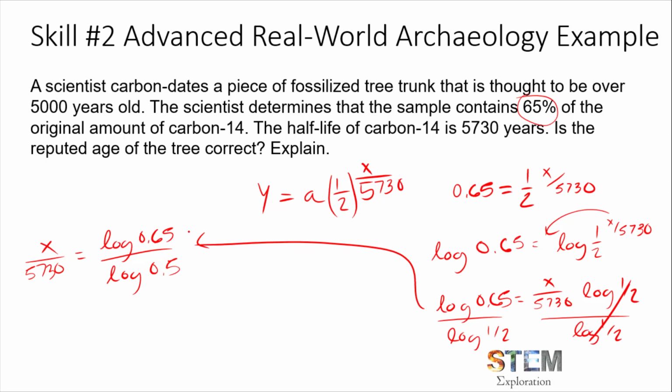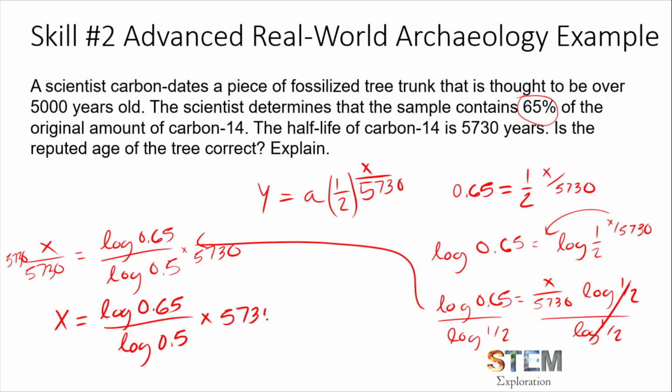And so if we multiply both sides by the half-life, 5,730, to get this all equal to x, what I'll get is that x, which is the number of years that it will be estimated to be, is equal to log of 0.65 over log of 0.5, times the half-life, 5,730 years.